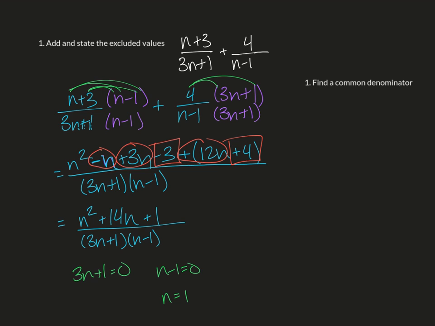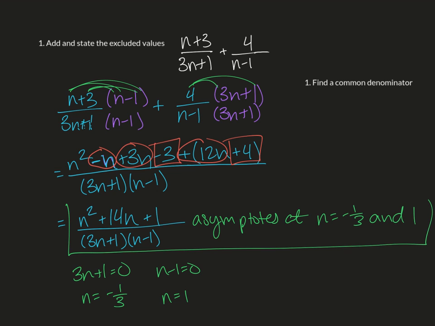Subtract 1 from both sides and then divide by 3, and you get a negative 1/3. So remember, that's where the denominator equals 0. So that means that there are asymptotes at n equals negative 1/3 and 1. That would be the final answer for this one.